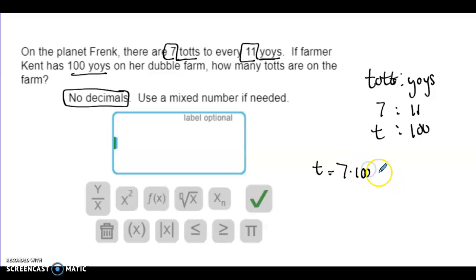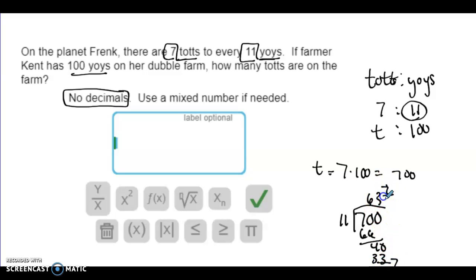So 7 times 100 is 700 divided by the lonely guy 11. 700 divided by 11, let's see, that's going to be 63, with a remainder of 7. 7 and 11 have a greatest common factor of 1, so the fraction portion is 7/11, so 63 and 7/11.